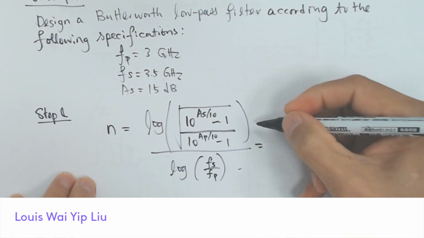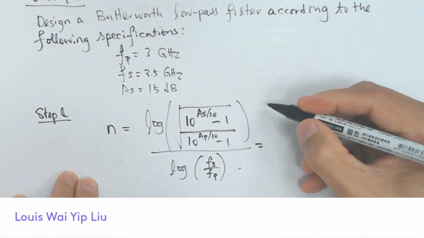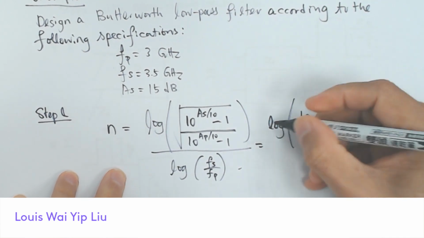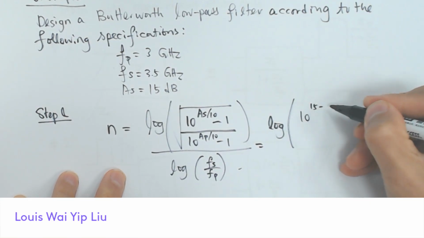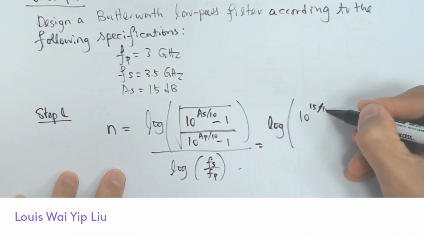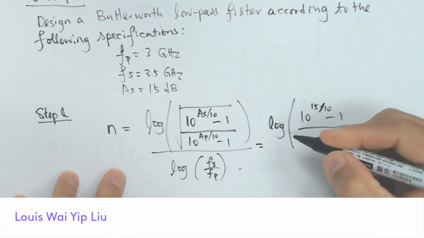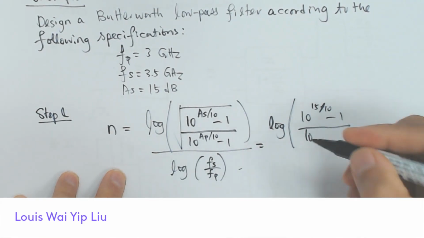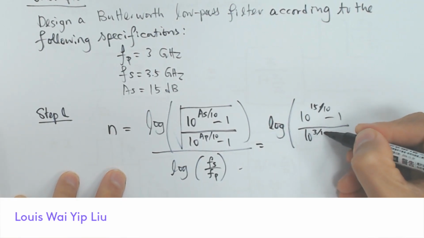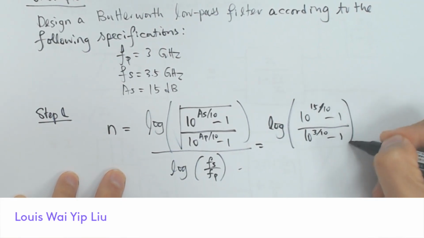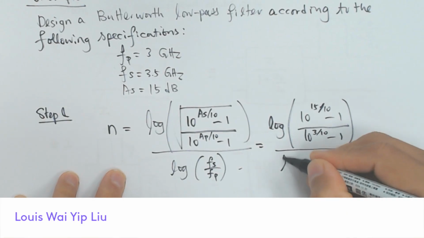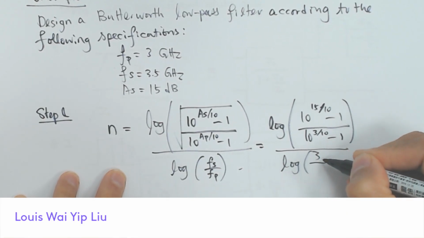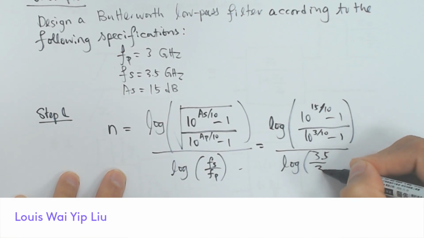If you substitute the values from the question, you will get the stopband 15 divided by 10, and 3.5 gigahertz and 3 gigahertz.